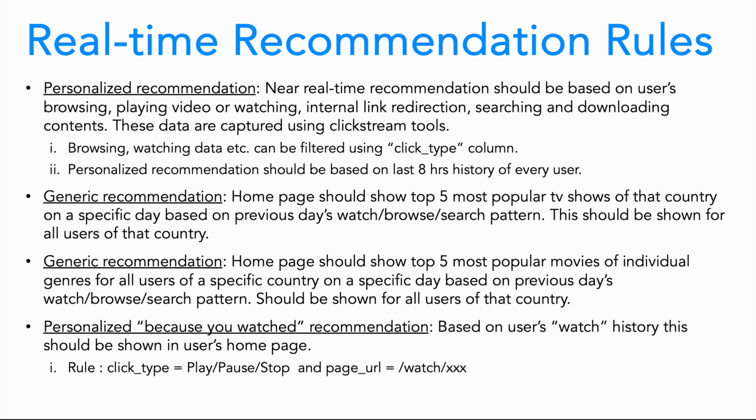It is similar to the second problem statement. The difference is that there we have popular TV shows, but here we have popular movies for individual genres, and it should be shown for all the users of that country.